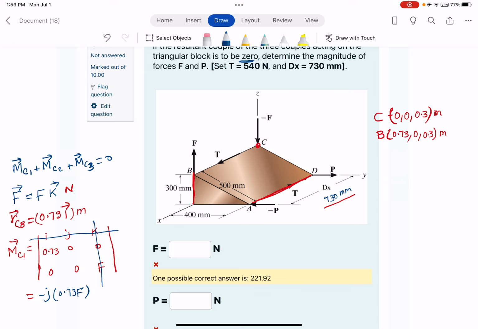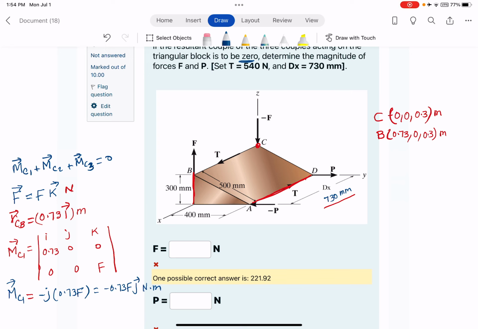Okay, it's 0. So this is it for the first one. This is the couple moment number 1, MC1, equal to minus 0.73 F j, and that is of course in Newton meter.